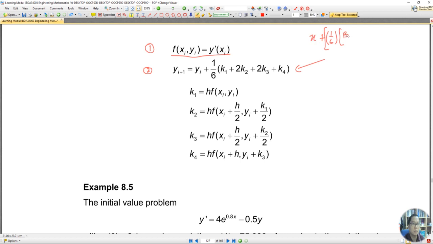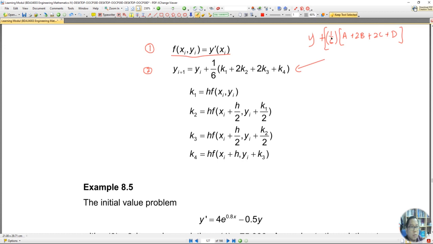This one X, this one A plus 2B plus 2C, and then plus D. So you have to remember that maybe this one is y.